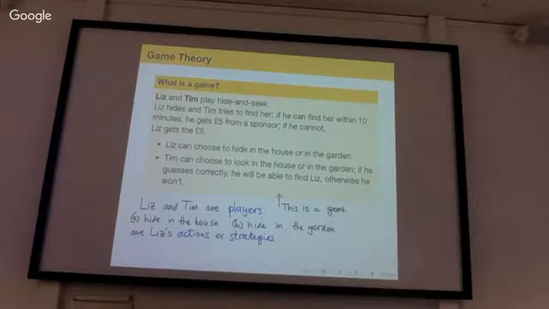So now you're starting to understand what a game is. A game is something that has players, and each of the players has several actions that they can take. That's a good start of understanding what they are. Both players have actions, so also Tim has actions.